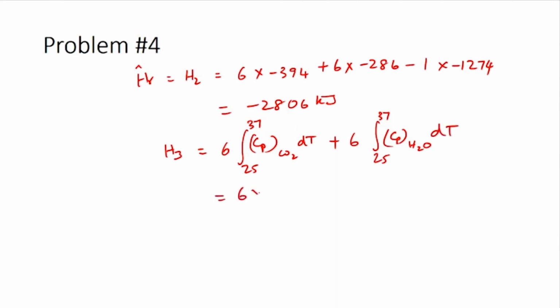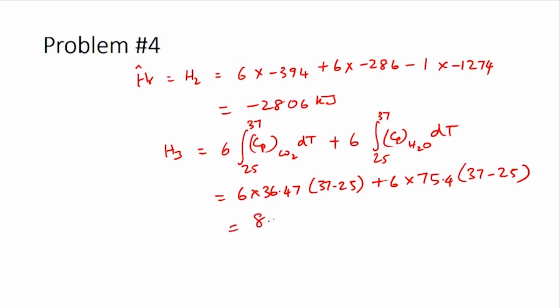This would be 6 times 36.47 times (37 minus 25) plus 6 times 75.4 times (37 minus 25), giving you a value of 8050 joules, or equal to 8.05 kilojoules.